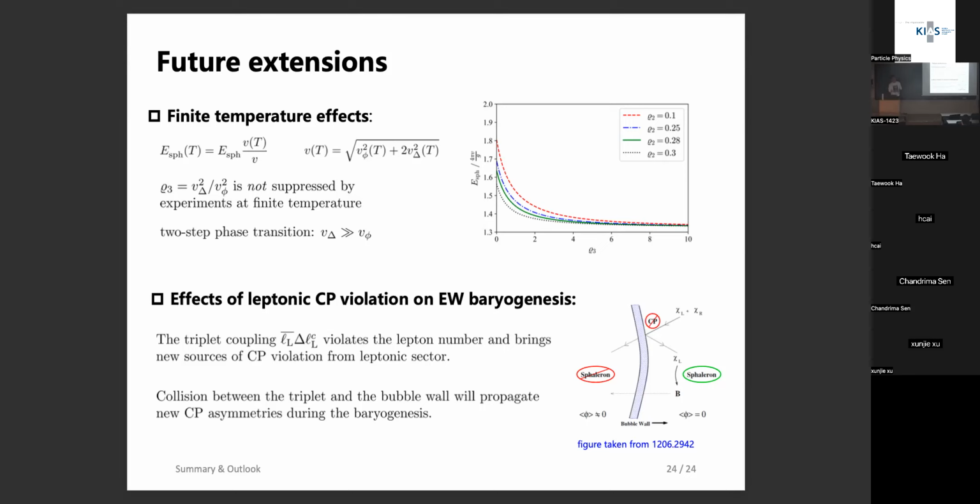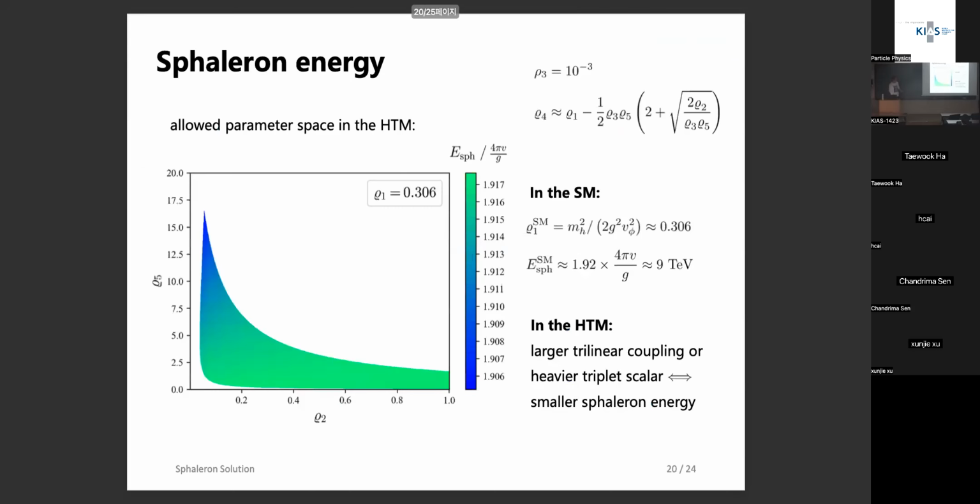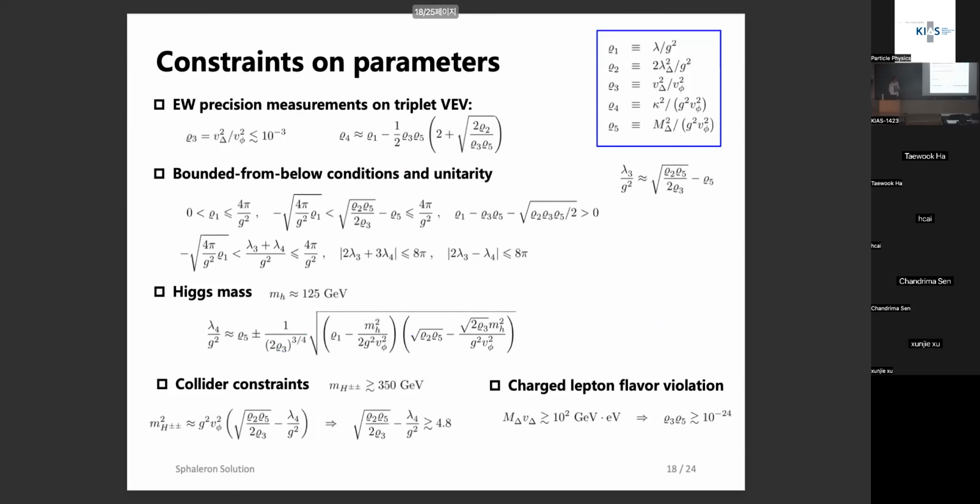Okay. How about collider searches for this kind of trilinear coupling between the scalars? Yes, there are now very strict constraints from collider searches, but they are mainly on the search for doubly charged Higgs and singly charged Higgs.